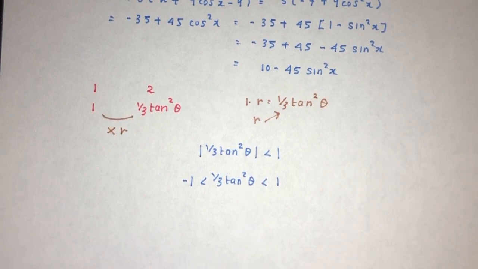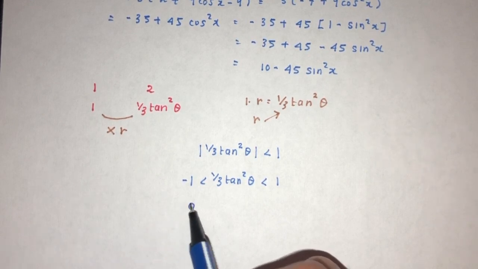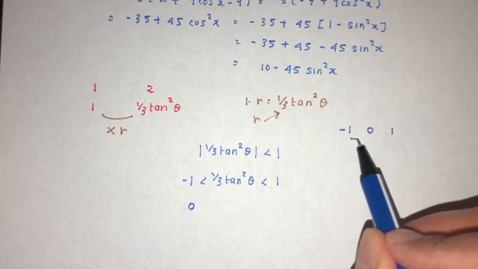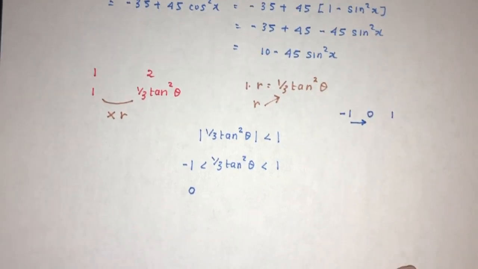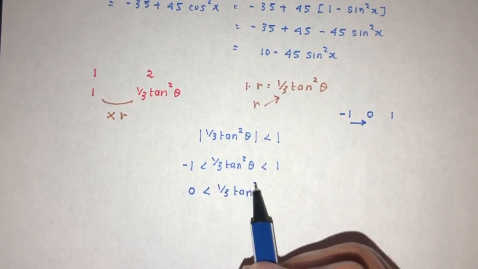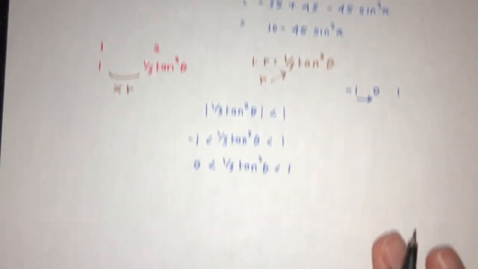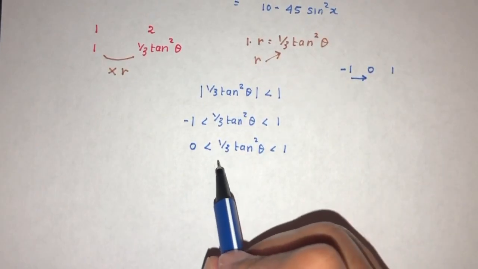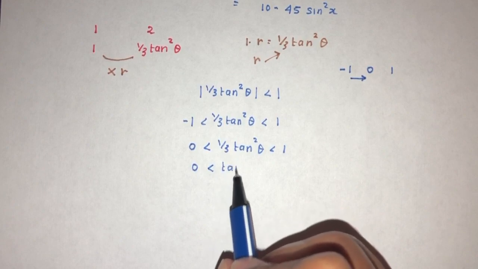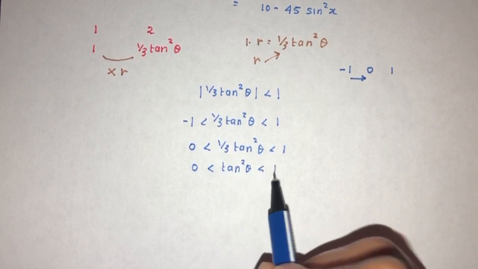So what is the closest non-negative number next to minus 1? It should be 0, because you have minus 1, 0, 1. So we have 0 less than 1/3 tan square theta less than 1. Now simplify: multiply by 3 everywhere, you will have 0 here, and tan square theta less than 3.